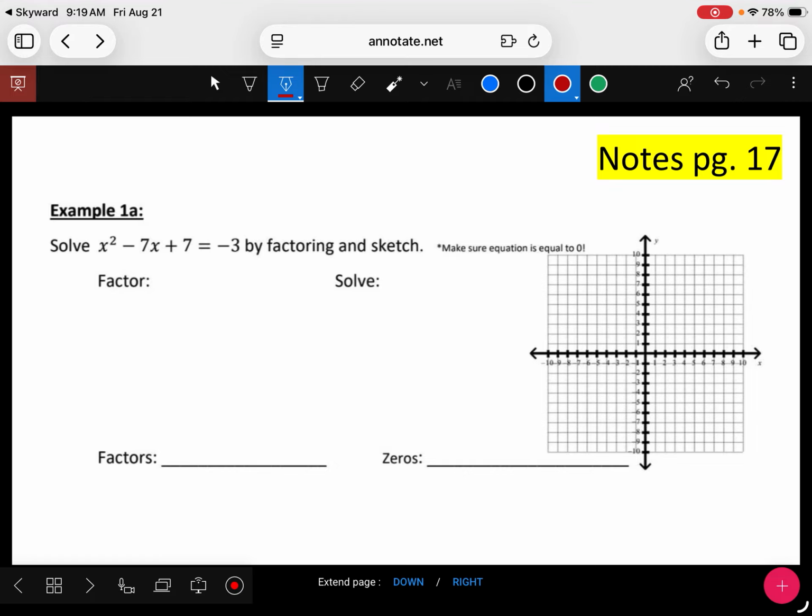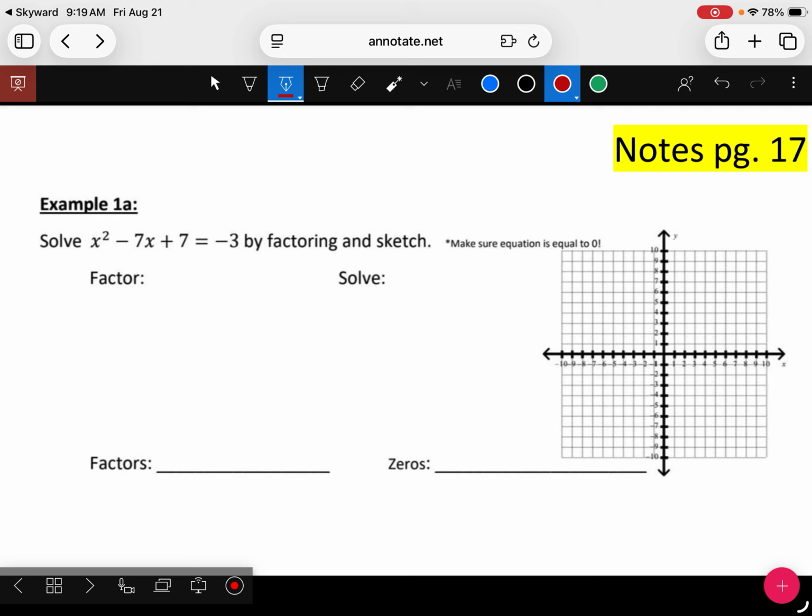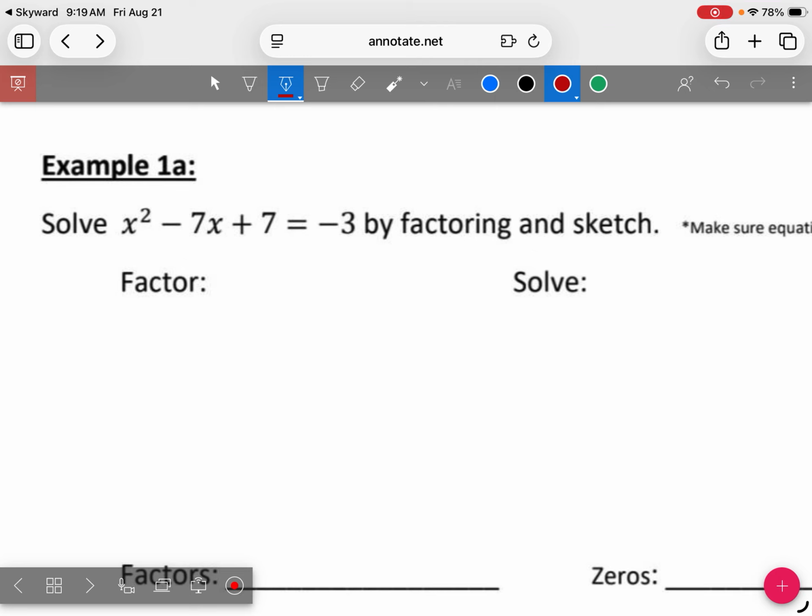All right, let's go ahead and look at the second one here. So remember, the first step is to set it equal to 0. Do you recognize that this is not equal to 0? This is equal to -3. So what I need to do is, what's the opposite of -3?